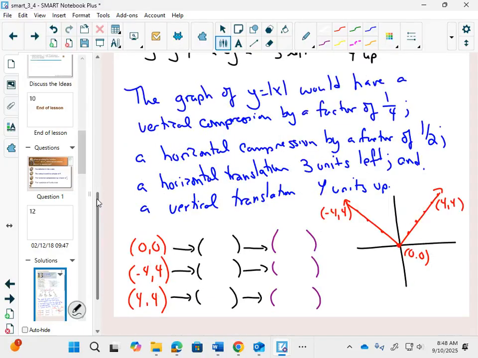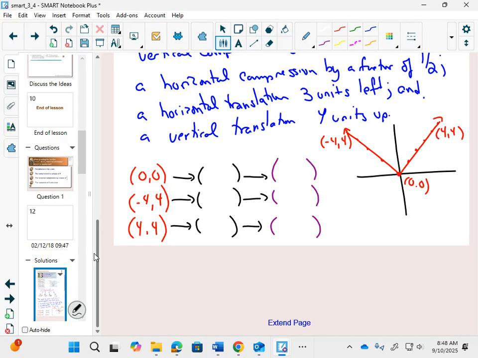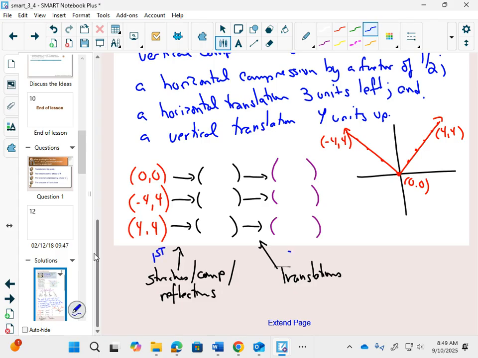So when I set this up, maybe I'll just make a note here. This is stretches, compressions, reflections, and this is translations. And this is always first, and this is always second.